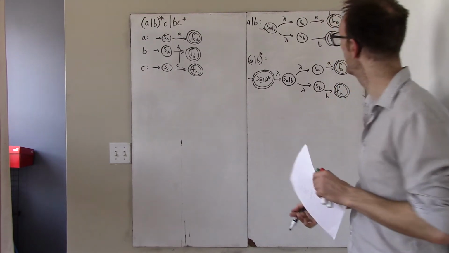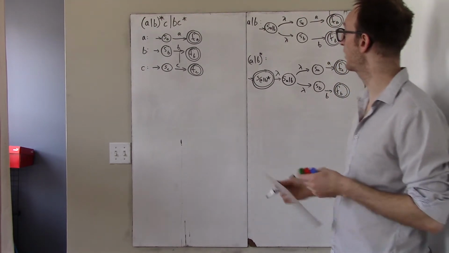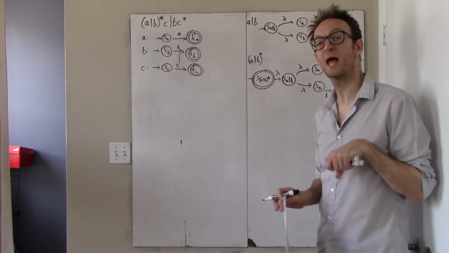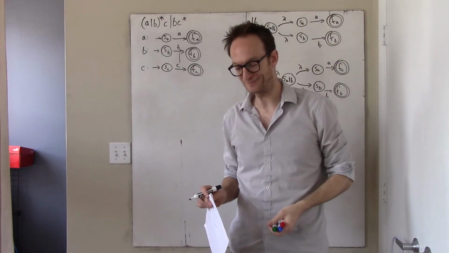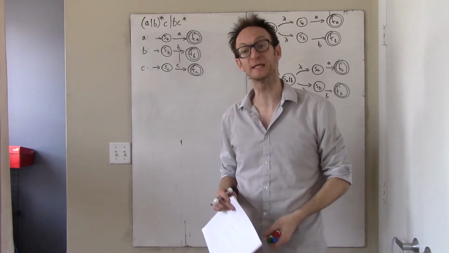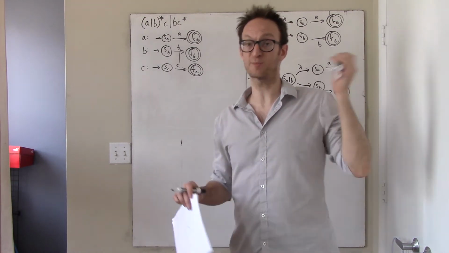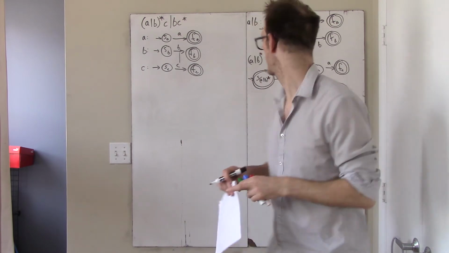But now, if it's really going to be the (A or B)* machine, then we have to allow for an arbitrary number of A's or B's. So we have to allow for this machine to process A or B an arbitrary number of times.